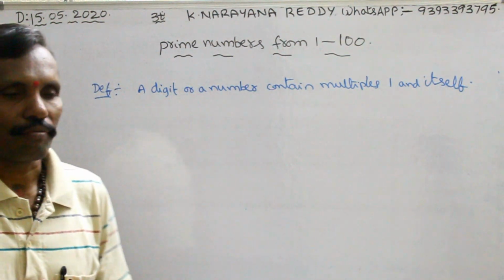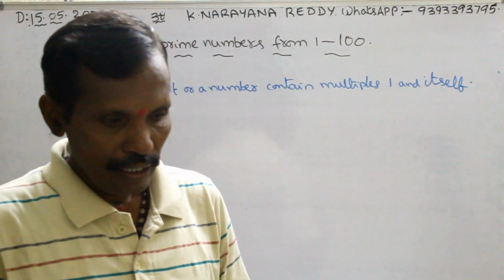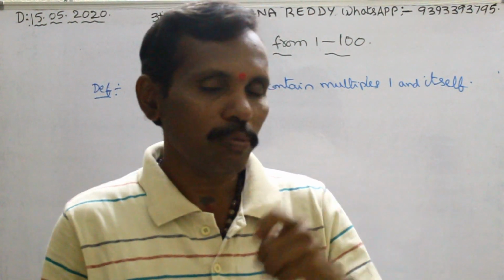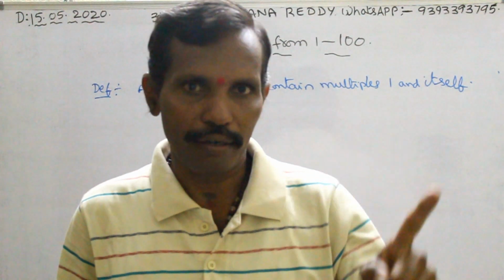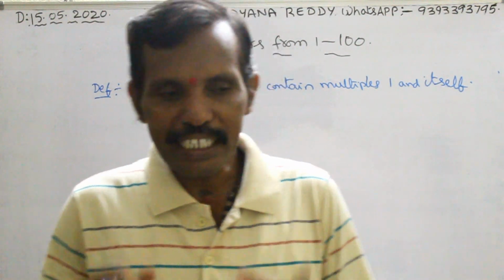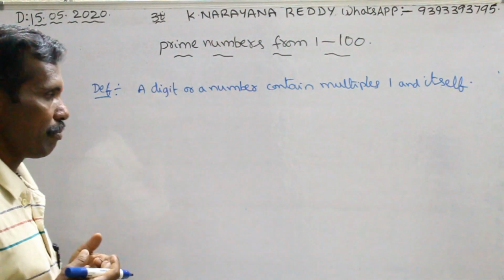Please observe one thing. Suppose 1 is there. 1 is an odd number, you know that. But how many multiples are there for 1? Only 1. And itself is 1. So there is no other multiple. That is why 1 is not a prime number.